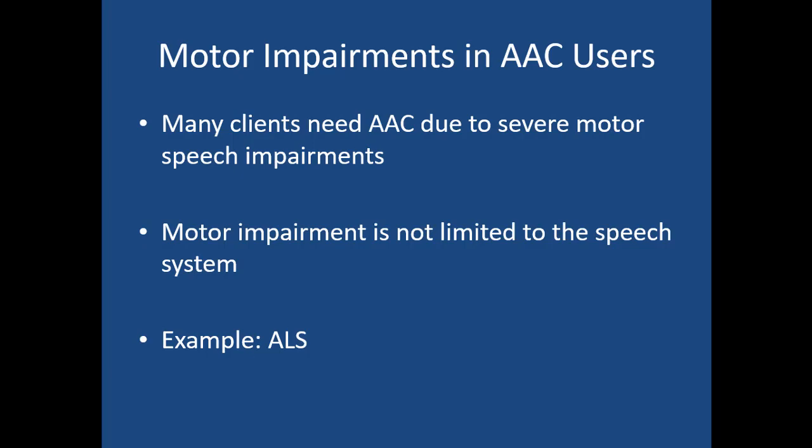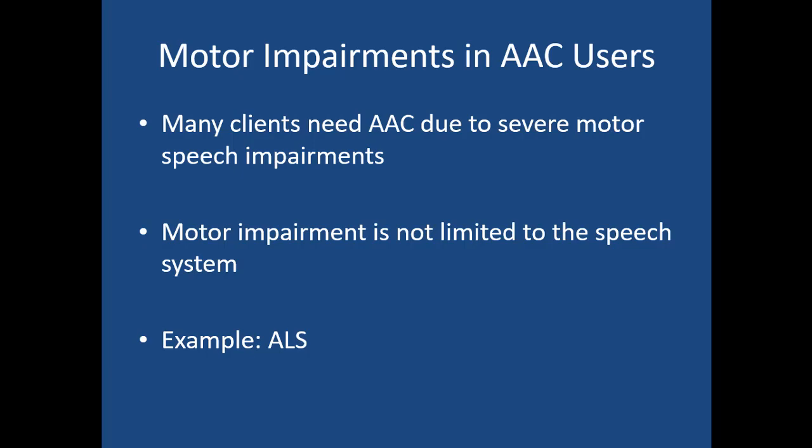A lot of clients with AAC needs have severe motor speech impairments, and these impairments are not limited to the speech system. We also know that a lot of clients with AAC needs also have some form of a sensory impairment.